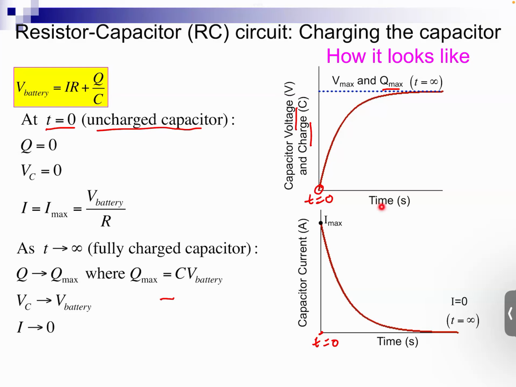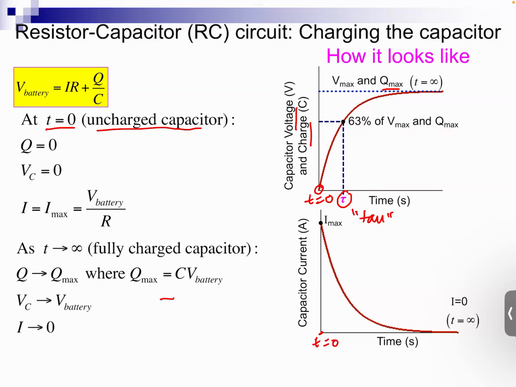Now the x-axis is time. Let me define a special time, and I'll call this special time tau, the Greek symbol tau. I'll define this special time tau as the time it takes for the voltage and the charge to reach 63% of the maximum value.